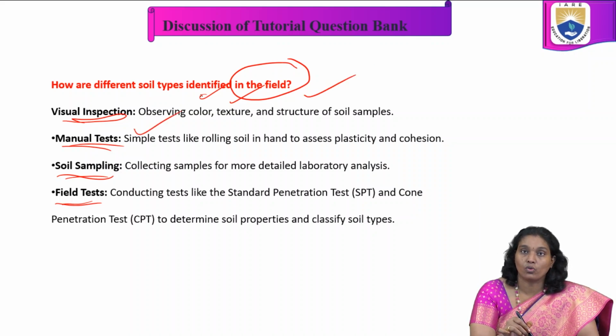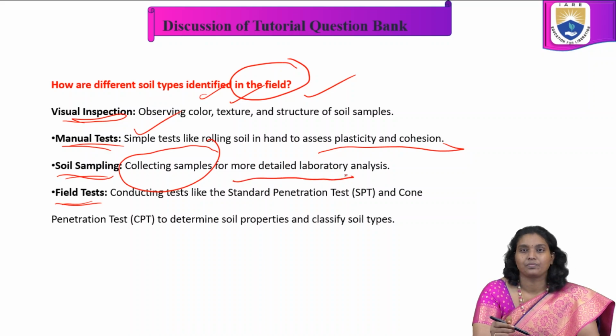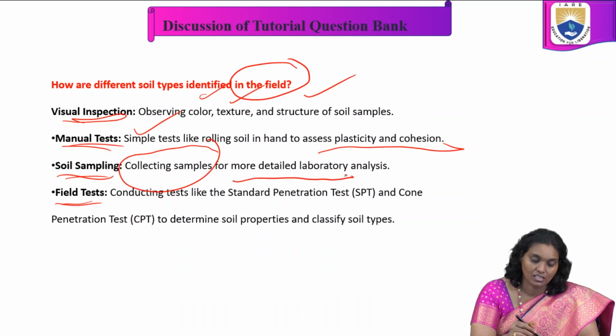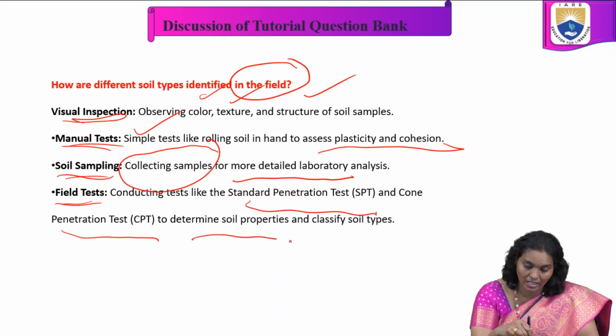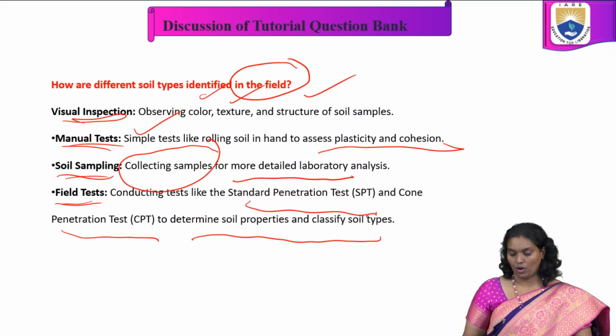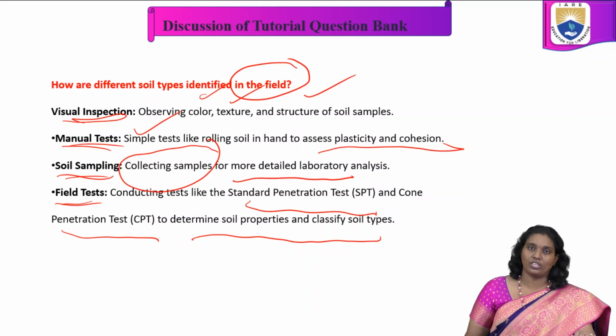Simple tests like rolling soil in the hand to assess plasticity and cohesion. Soil sampling, collecting samples for more detailed laboratory analysis. Field tests, conducting SPT, standard penetration test, and cone penetration test to determine the soil properties and also classify the soil types. It depends upon how the question is.